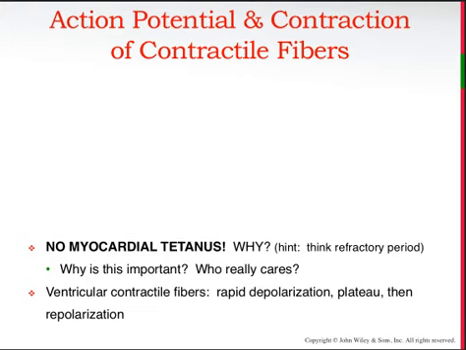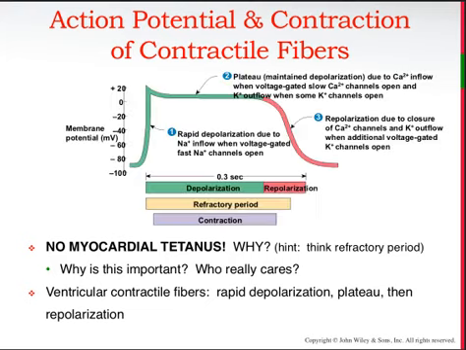But the big thing that's important here is that we don't see tetanus in the myocardial fibers, and that's a really, really good thing. It has to do with the refractory period and how it's placed. We'll look in the next slide at just that. But remember, ventricular contractile fibers are going to do a rapid depolarization, they're going to plateau, and then they're going to repolarize. So let's take a look at that.